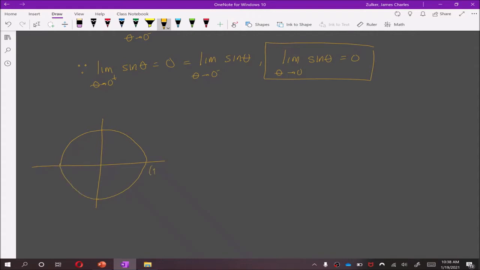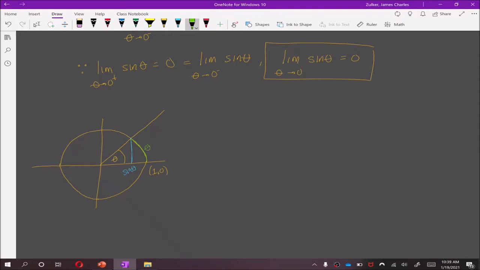Once again, this is the point 1, 0. We're going to have our ray that makes an angle theta. Now we once again have a straight vertical line. That is sine of theta, length sine of theta. Once again, this arc will have a length of theta.